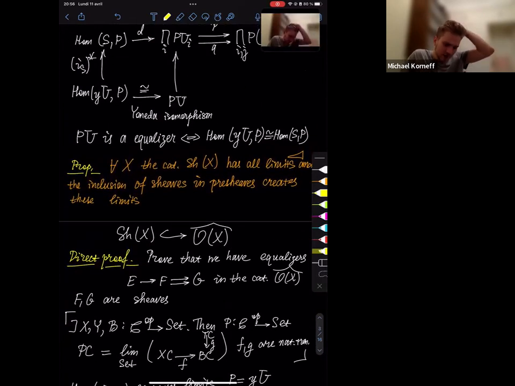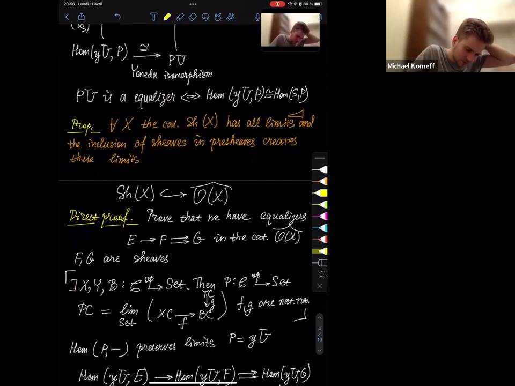This proposition that for any topological space, the category of sheaves has all limits, and the inclusion... no, it is not.